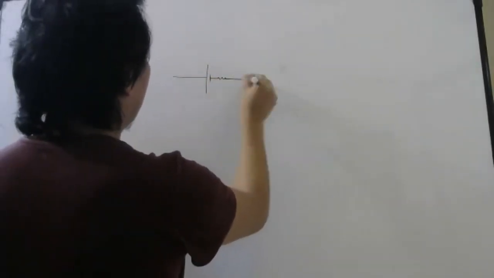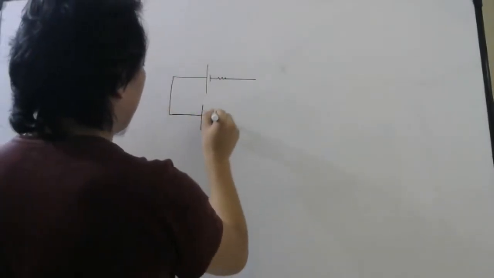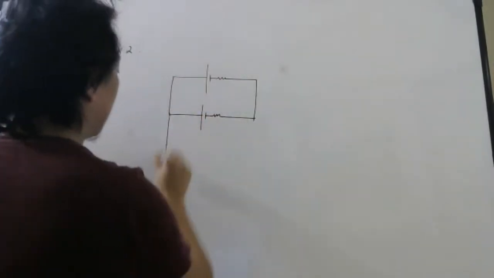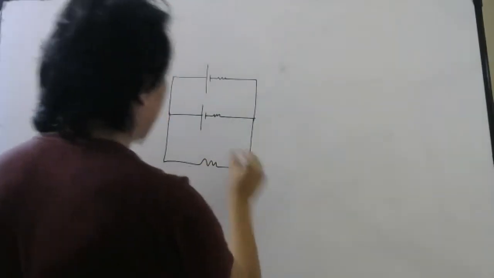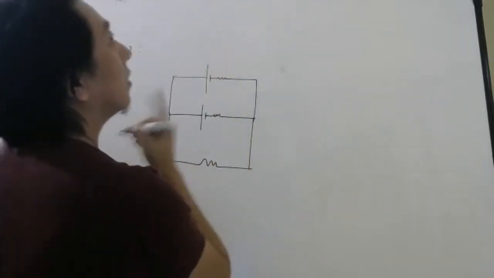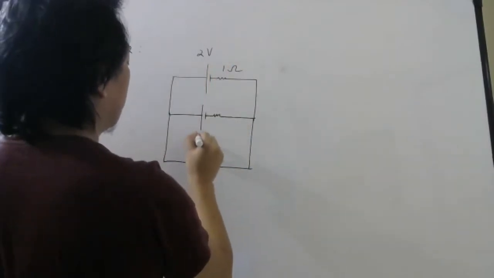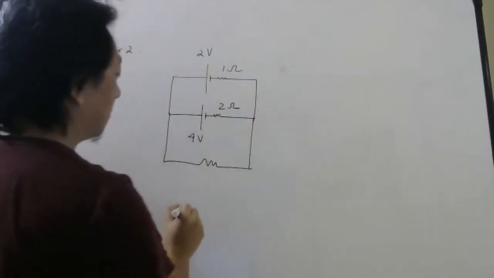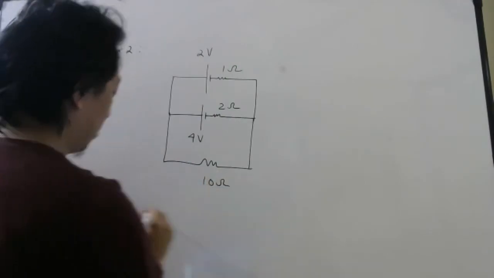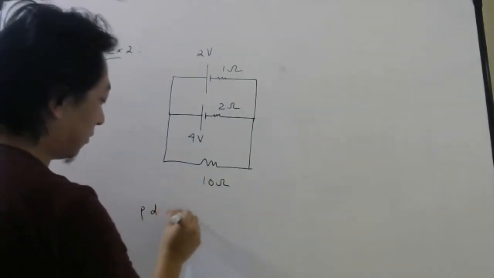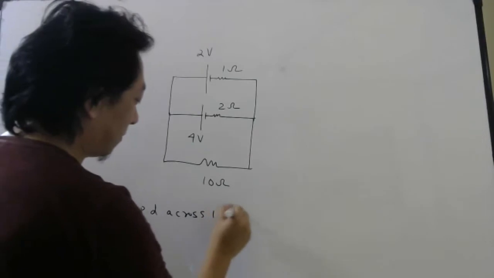Example 2, you see. One battery, one more battery, one external resistance. Here 2 volt, 1 ohm, 4 volt, 2 ohm, here 10 ohm. The question is the potential difference across 10 ohm.